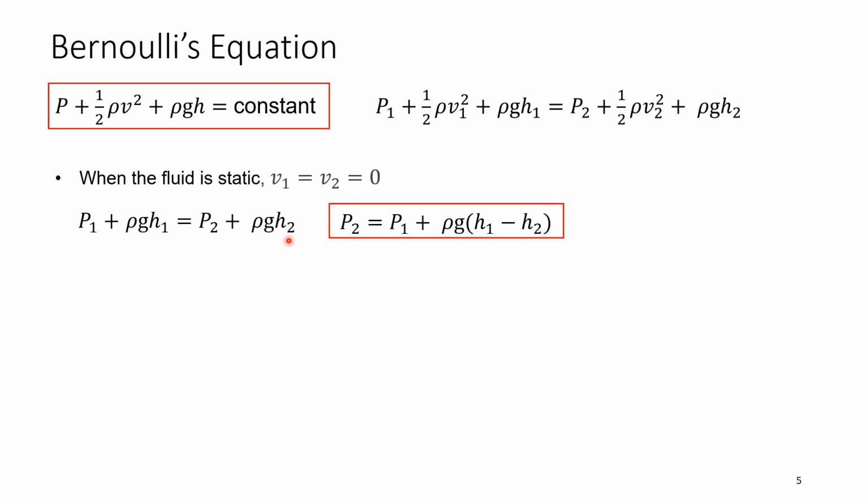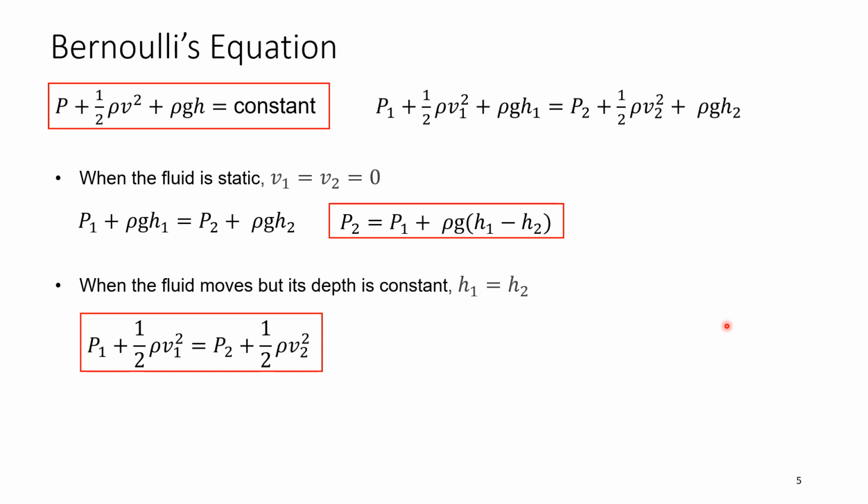This means in static fluids, pressure increases with depth. Since h is the height, the deeper we go into the water, the smaller h2 is, and the bigger the pressure P2. If we set P1 to be 0 at the surface of the water, this equation becomes the familiar relation P equals rho g h, where h is the depth of the water.